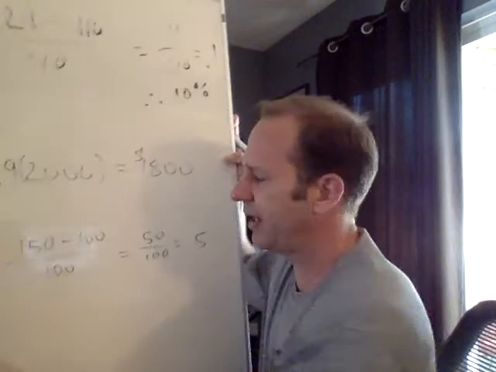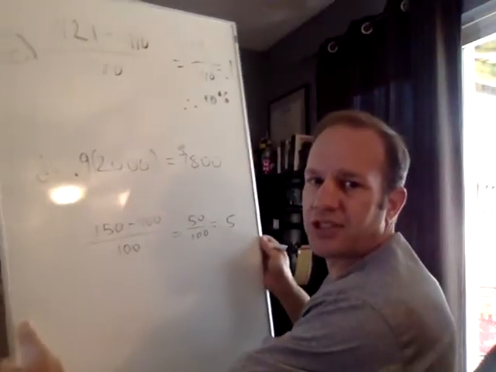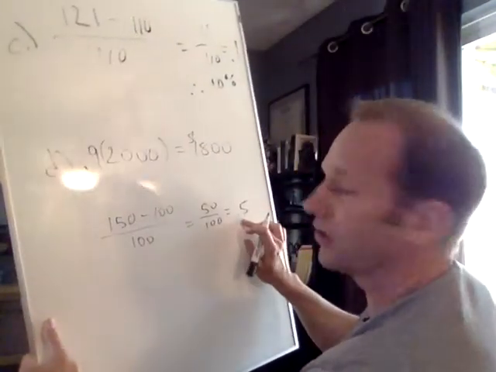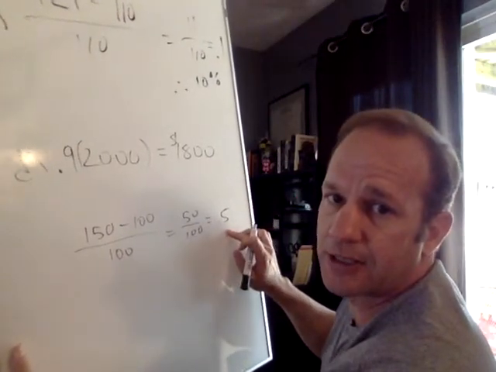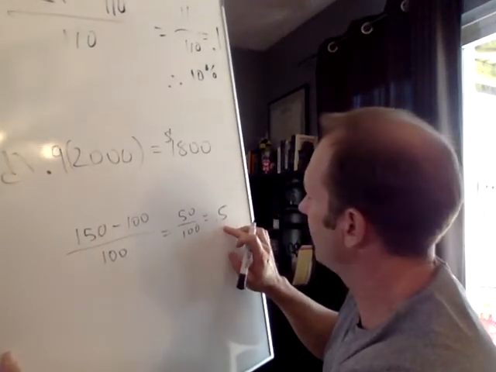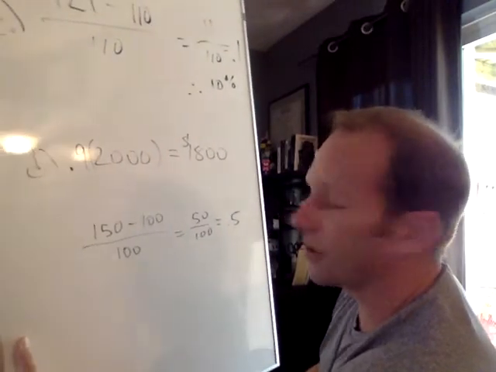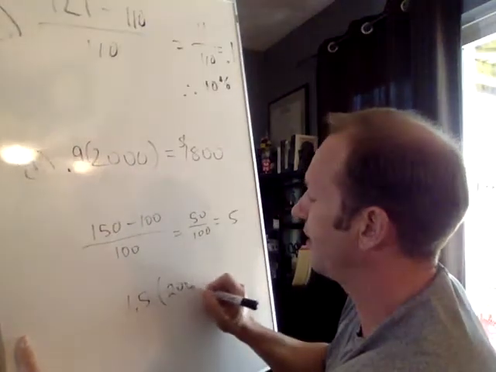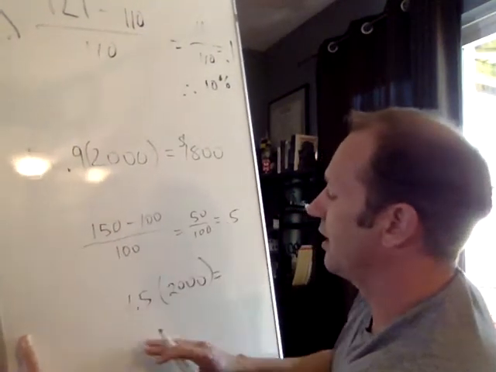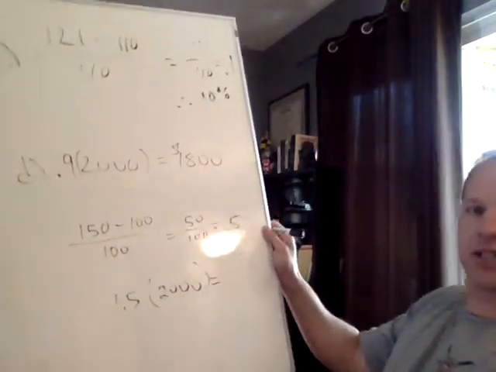How do we do that mathematically? When you're increasing something by a percentage, you add 1 to the percentage. And that's probably part of why my tendency is to look at this and treat it like a percentage, even though it's a decimal. Because what I'm going to do is 1.5 times that base amount of 2,000. That's how you raise something by 50%.